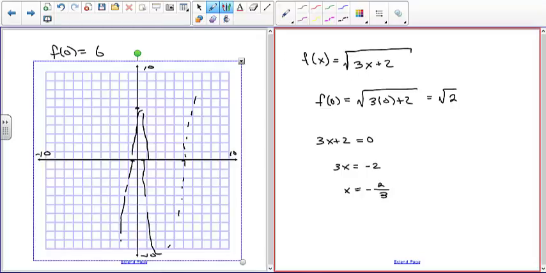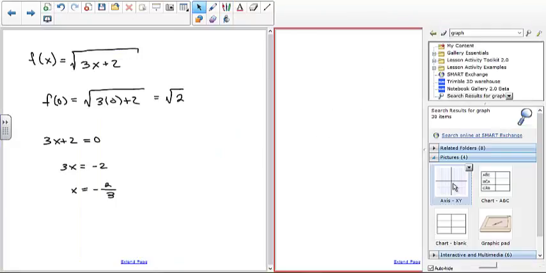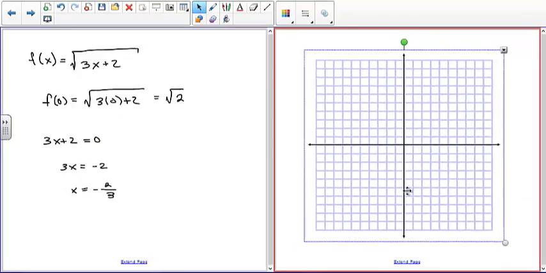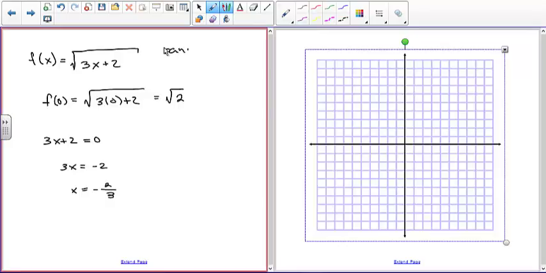So let's take another piece of graph paper here. Because the square root of any number has to be greater than or equal to 0, the range is going to be y greater than or equal to 0.